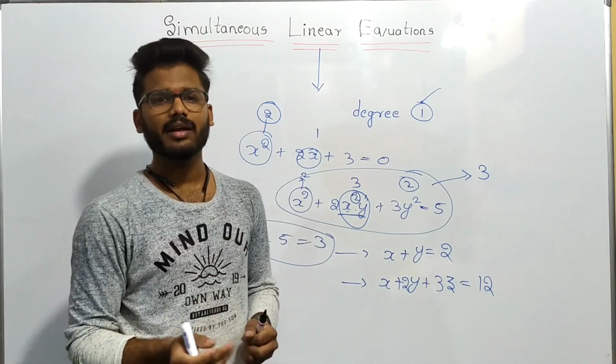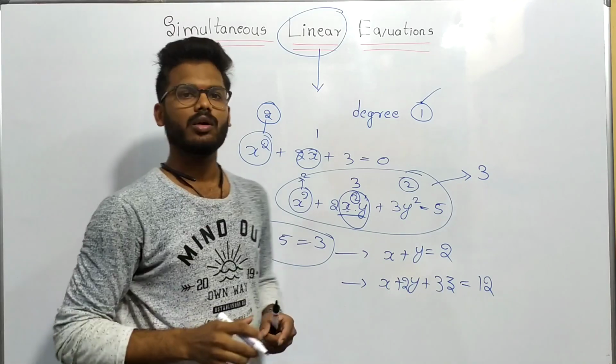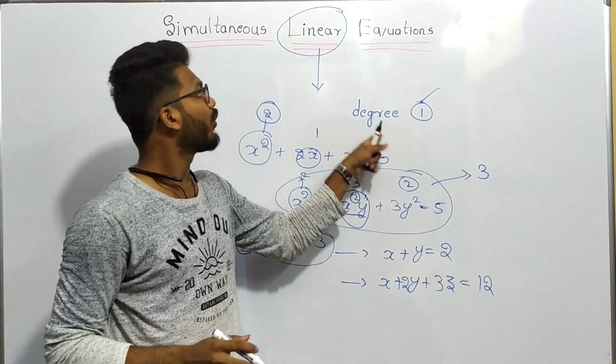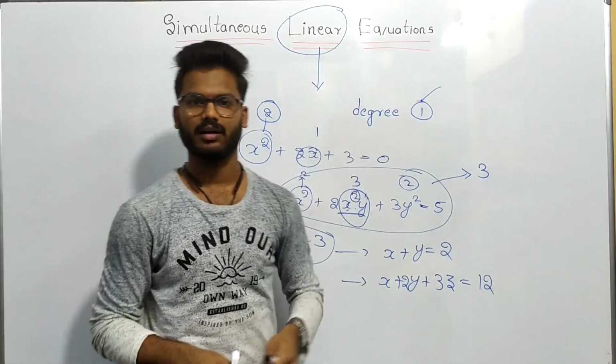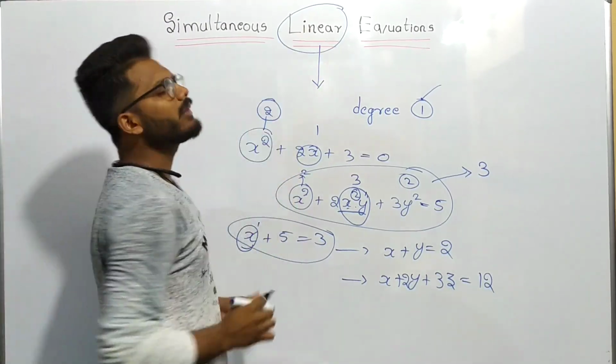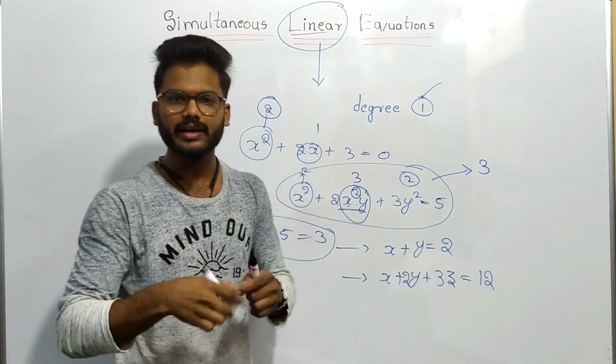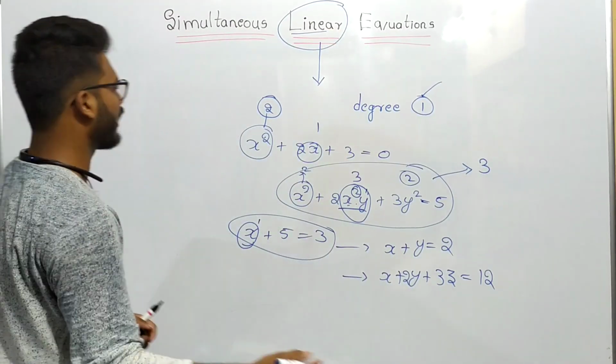And why have they given a specific name, linear? Whenever the degree is 1, why are they calling it linear? See here, in the name itself you have line.